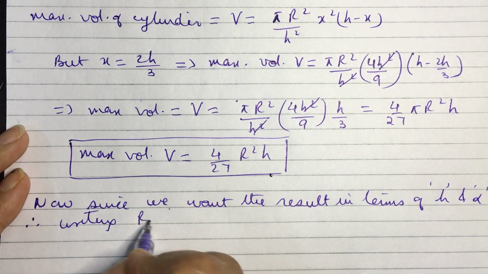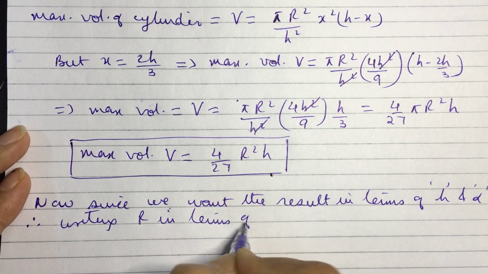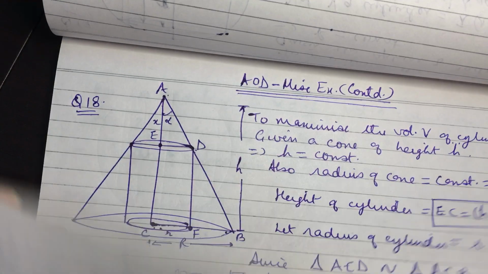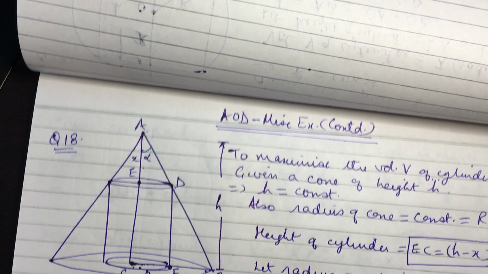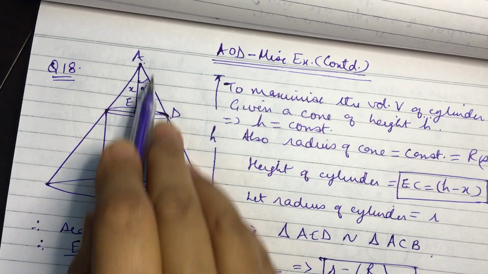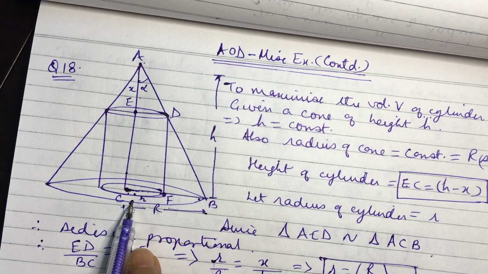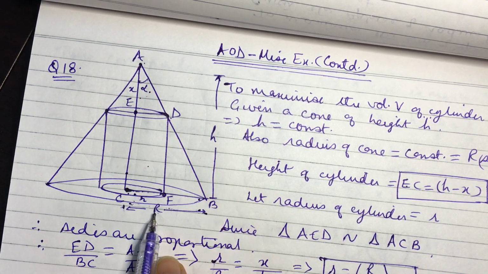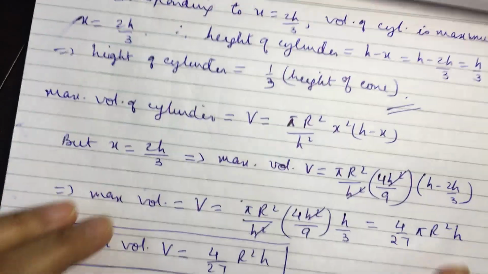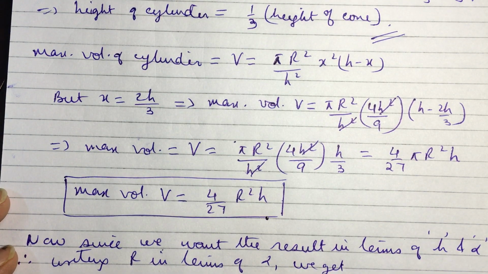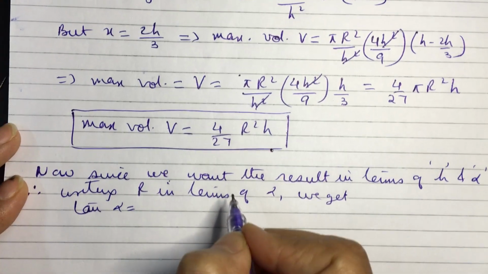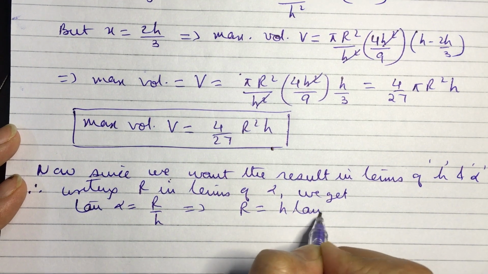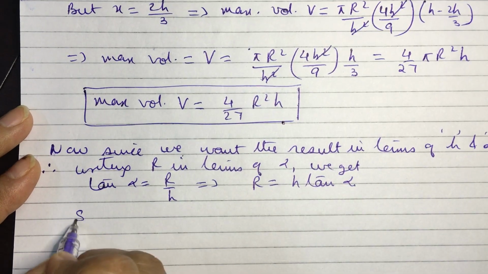So, writing r in terms of alpha, if you just see the figure, alpha is there, and here we have this whole thing is r and this whole thing is h. So, we know the opposite side, we know the adjacent side, and we know alpha. So, clearly tan alpha equal to r upon h, which gives us r is equal to h tan alpha.